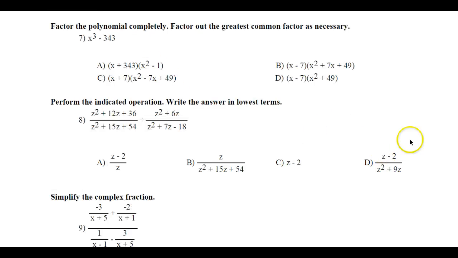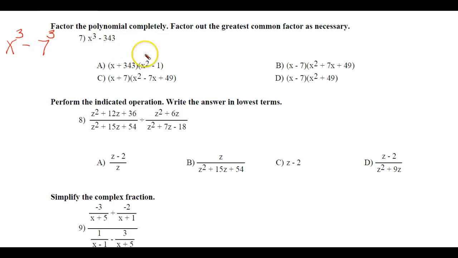Now, in example 7, what we see there is a cube minus, and is this a perfect cube? Yes. So in a sense, we could look at that as x to the third minus 7 to the third. So this is the difference of perfect cubes.